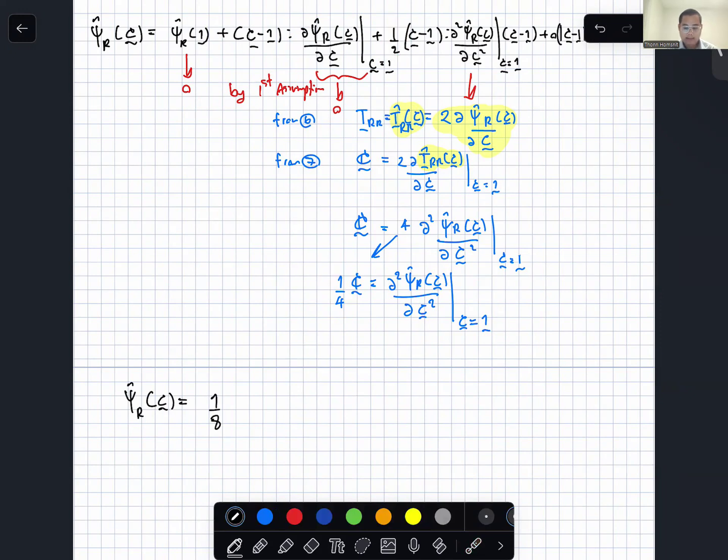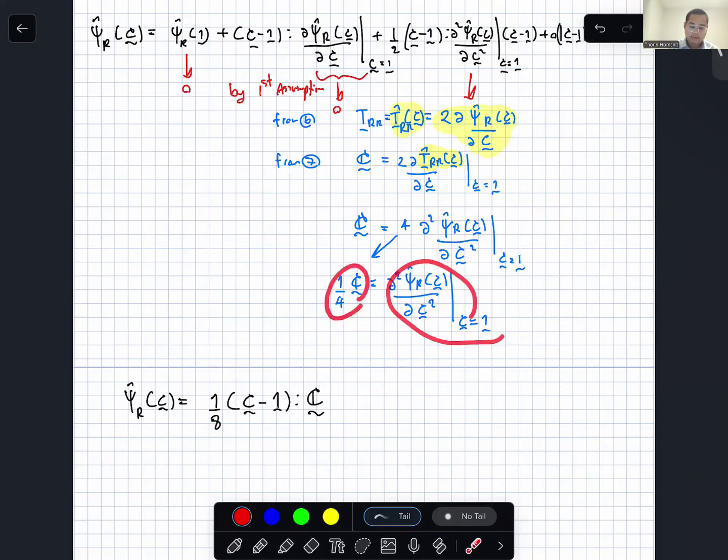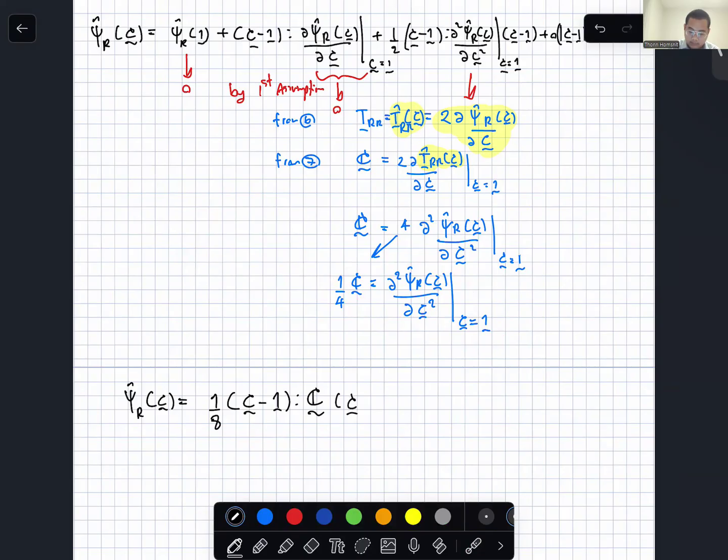It's 1 over 8 times C minus 1, double dotted with the elasticity tensor, because we just substituted this by this, times C minus 1, plus the little o of the magnitude of C minus 1 squared.